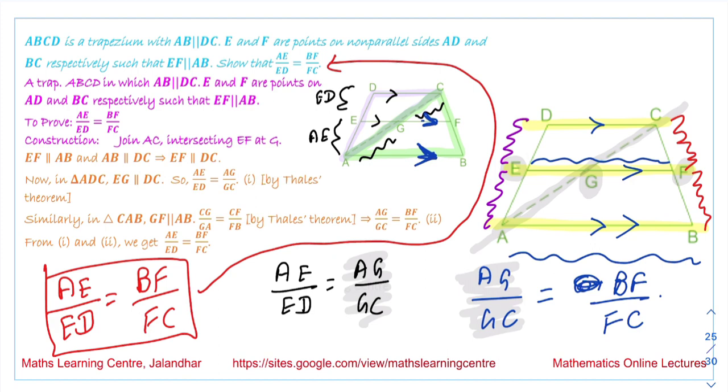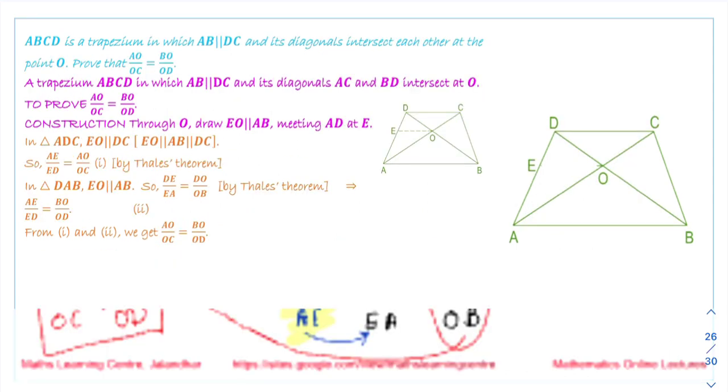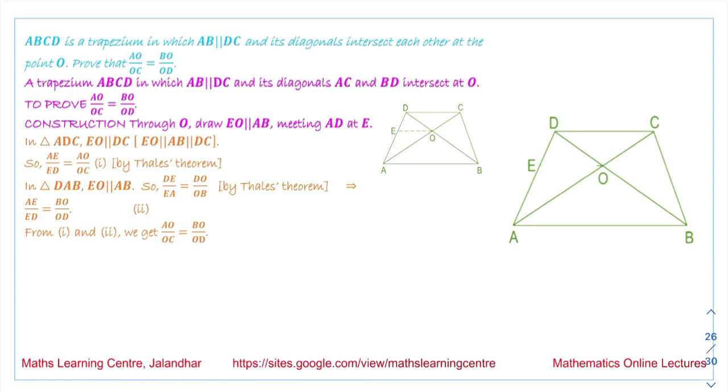ABCD is a trapezium in which AB is parallel to DC. So over here what is given to us is that AB and DC are parallel, and it is a trapezium, and its diagonals intersect each other at the point O. The diagonals of this trapezium, that is AC and BD, intersect at the point O. We have to prove that AO over OC is equal to BO over OD.